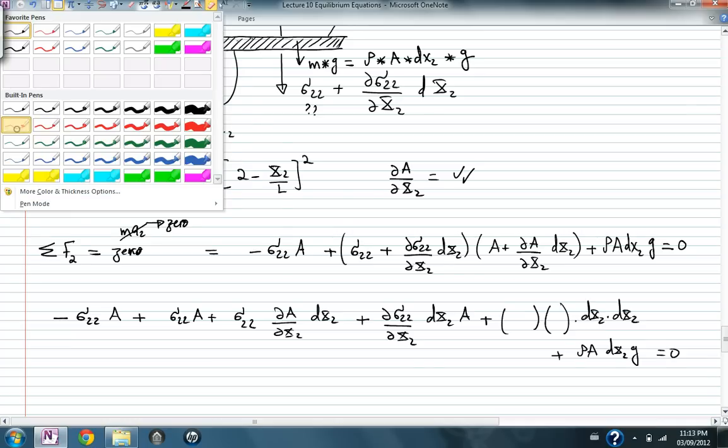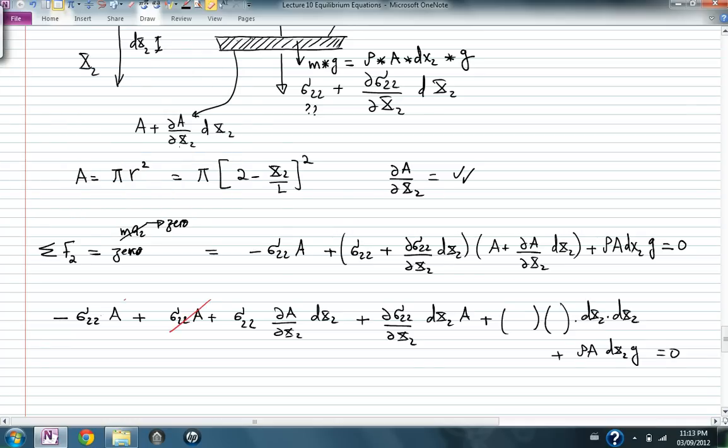Then if I divide by dx2, this will cancel this, and one dx2 will cancel another dx2. After this dx2 is gone, you're going to find that this expression still has a dx2, which means this expression can be neglected.